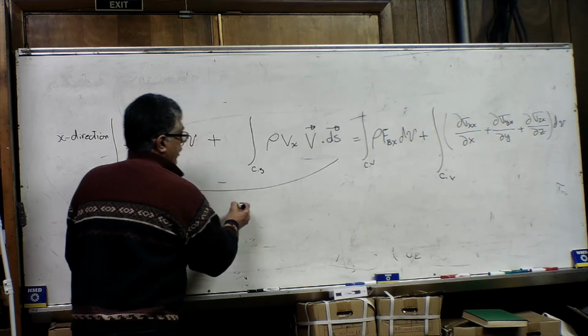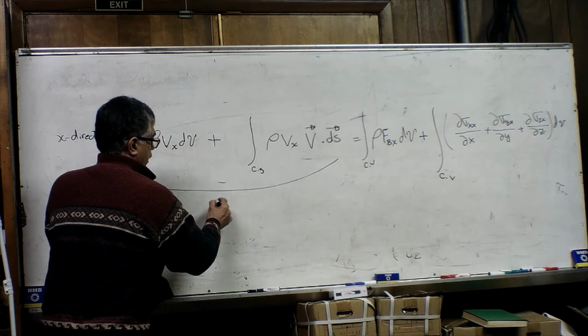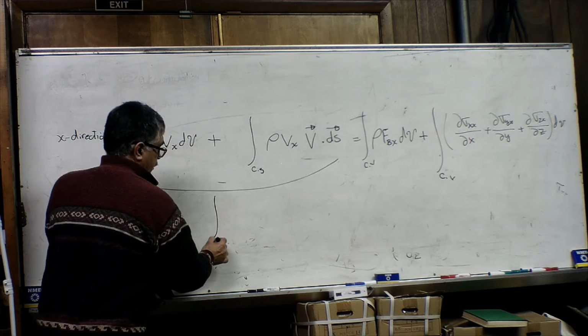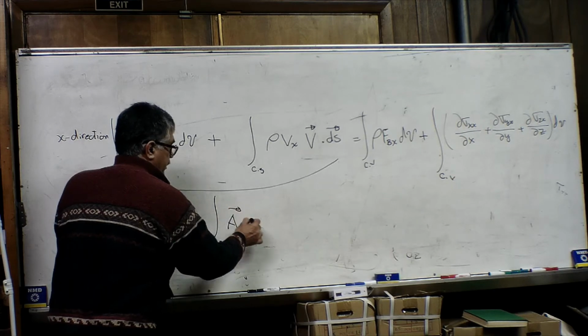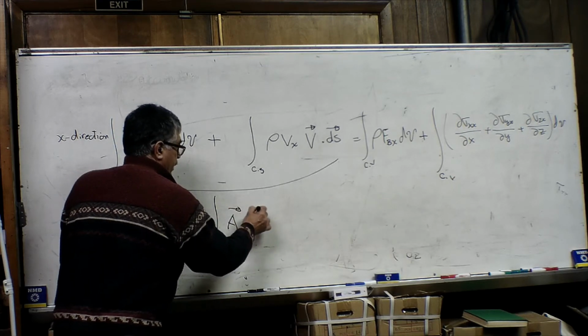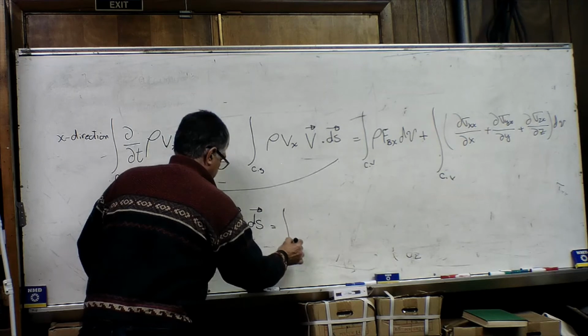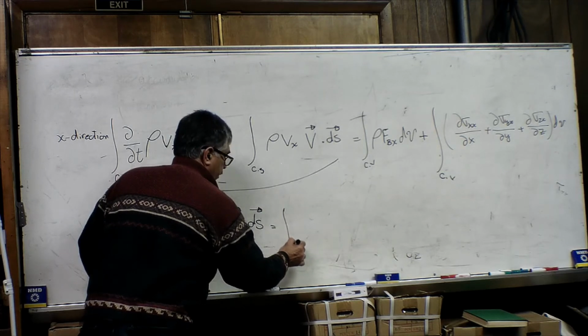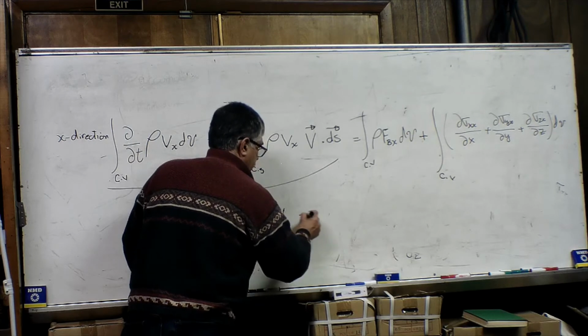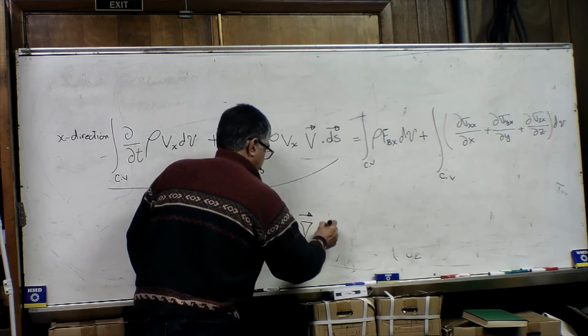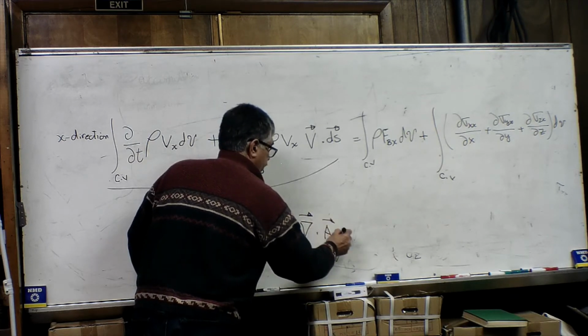We know that the Gauss Divergence Theorem says that if we have a surface integral of a vector A dot dS, this can be written as a volume integral of del dot A dV.